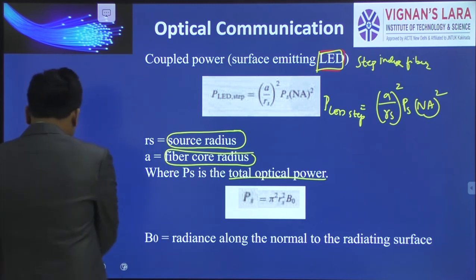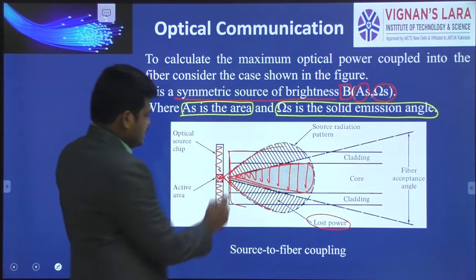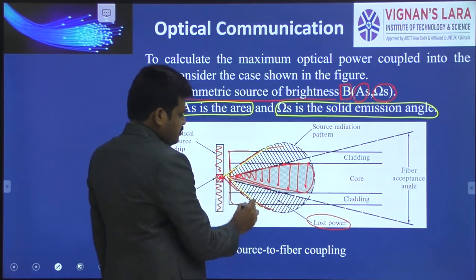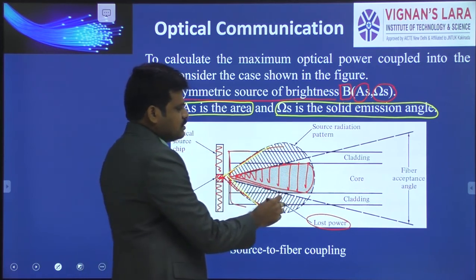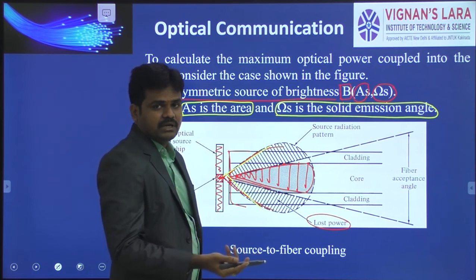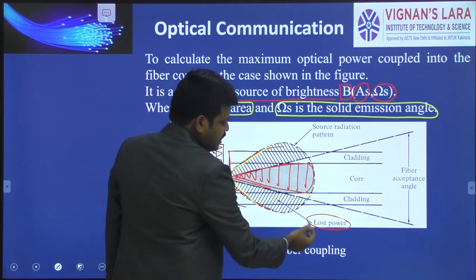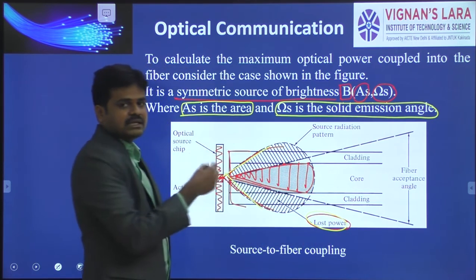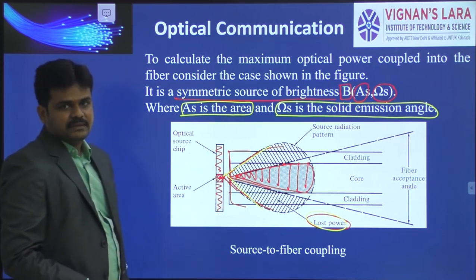Because in the previous case, there is a total power, but the amount of power coupled into the core is different, because some part of the power went into the clad, which is not considered.